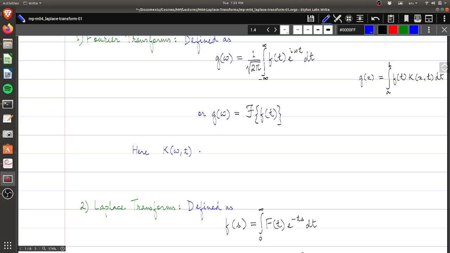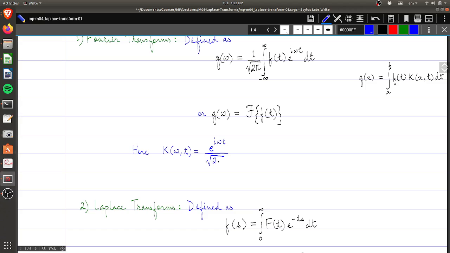If you compare this equation with the general form of the integral transform, you will find that the kernel function is simply e to the power i omega t divided by root over twice pi.